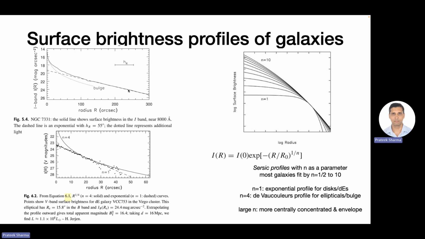Normally, the exponential surface brightness profile corresponds to disk galaxies, spiral galaxies. Whereas the central part is much steeper and the surface brightness value is higher. And so this is the so-called bulge. So every galaxy you can actually decompose into a bulge and a disk.